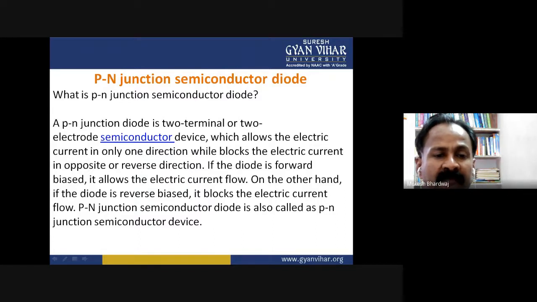If the diode is forward biased, it allows electric current flow. On the other hand, if the diode is reverse biased, it blocks the electric current. PN junction semiconductor diode is also called a PN junction semiconductor device.